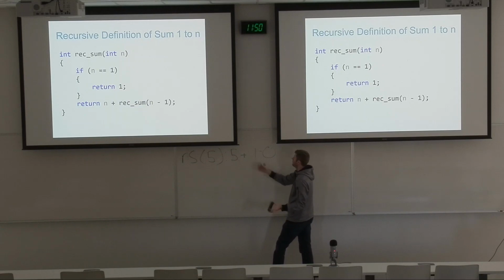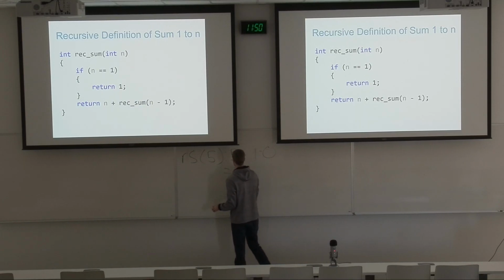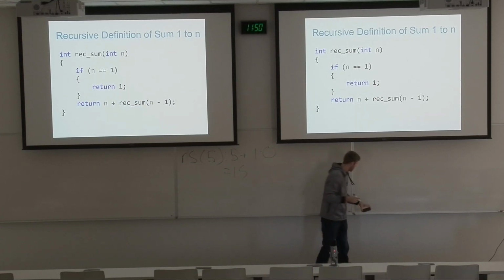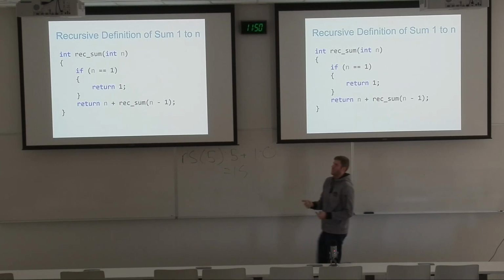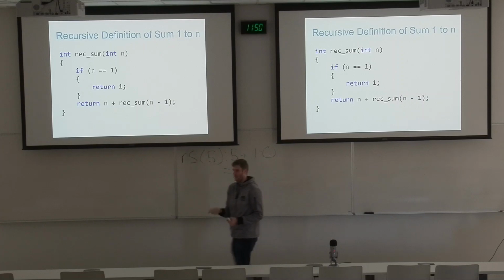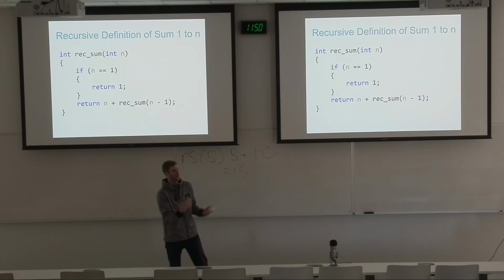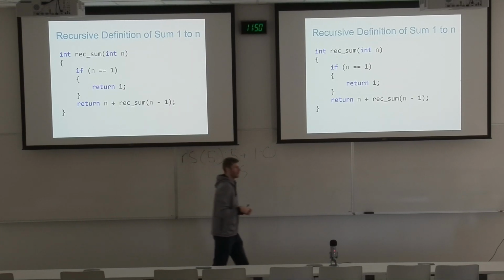Five plus 10 is 15. rs5 is 15. Is that right? 1 plus 2 is 3, plus 3 is 6, plus 4 is 10, plus 5 is 15. Yeah, there we go. How about that?